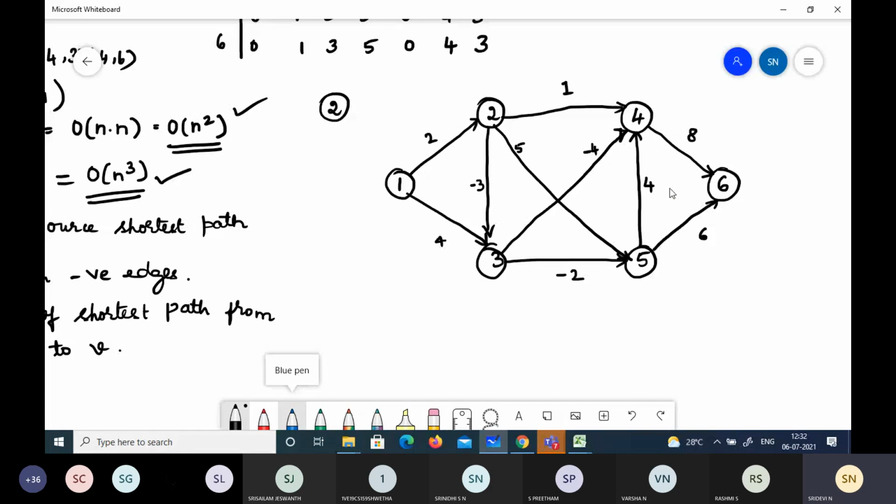Now, can you apply the Bellman-Ford algorithm for this and find the shortest path from 1 to every other vertex? Will you do it? Note down the question.